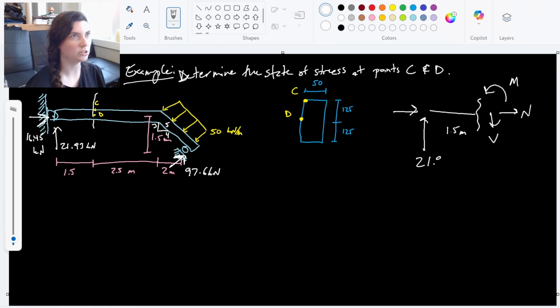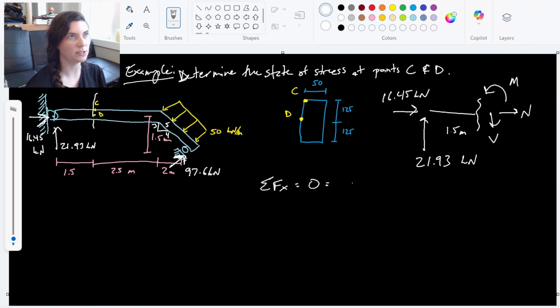Those two reactions again, 21.93 and 16.45. So now I get to go through the statics process again and solve for each of these. I say, okay, sum of X forces is 0.